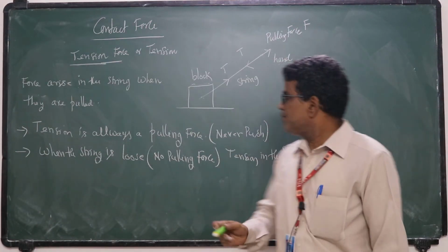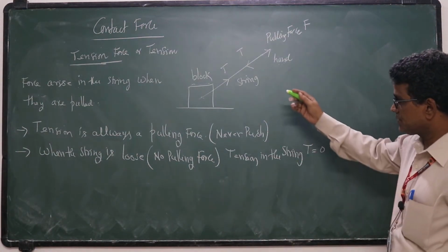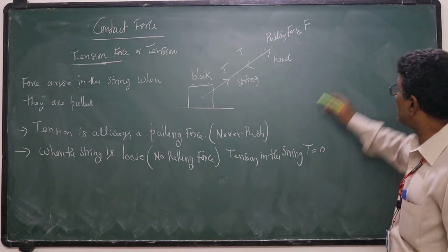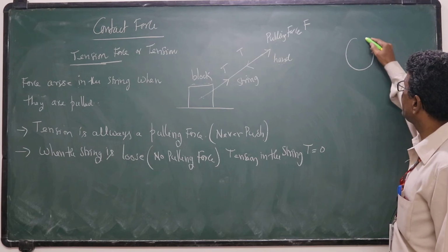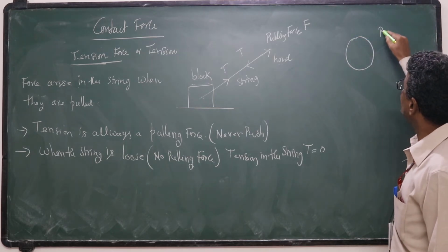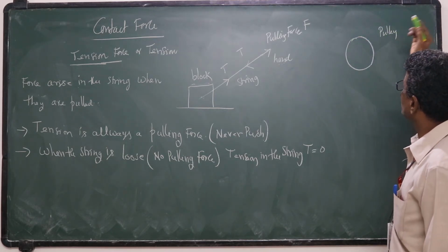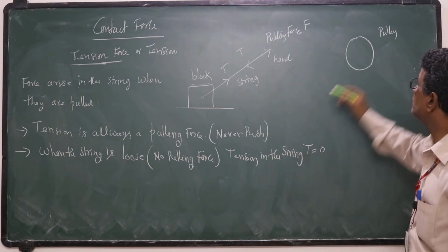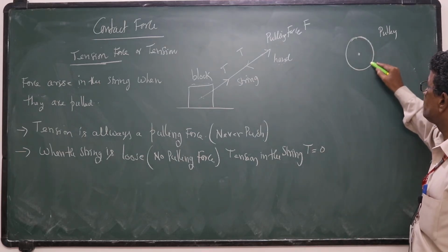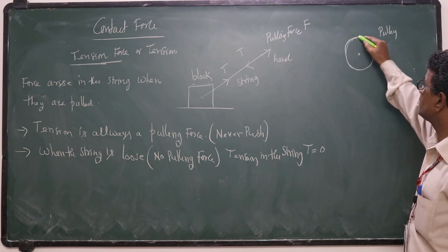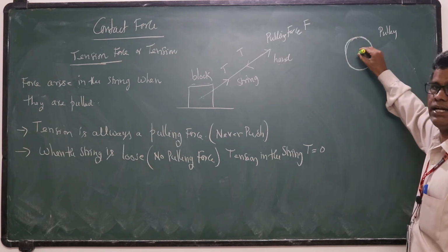Now see, tension arises because of pulleys also. See, there is a pulley. What is a pulley? A pulley is a wheel which is fixed on a fixed axis of rotation. It is fixed at its center.